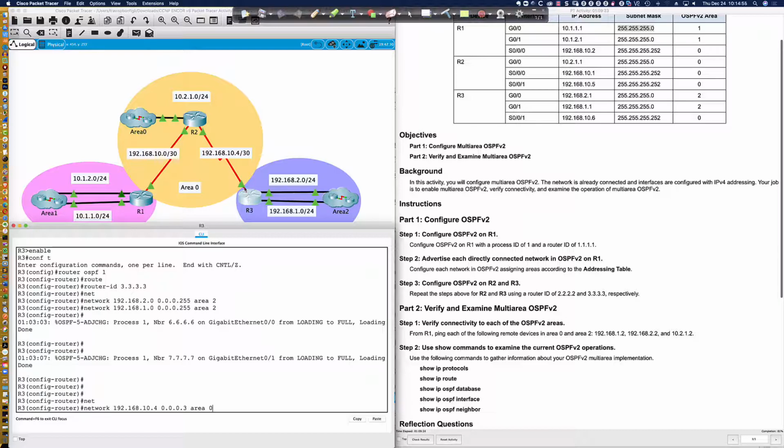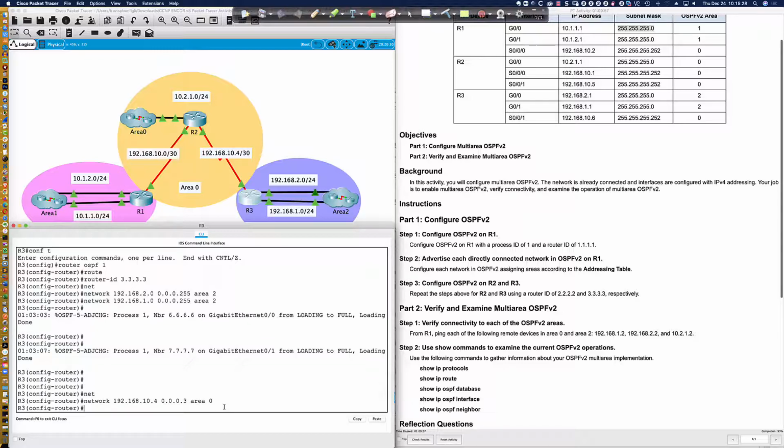It has one interface in area 0 and at least one interface in a non-area 0 area, i.e. area 2. Now, could they have moved router 3 up a little bit here to show it kind of straddling area 0? Like you see router 1 here kind of touches both. Yeah, they could probably have moved it up, but not a big deal because now we understand exactly what an ABR is and what the ABR's purpose and function is.